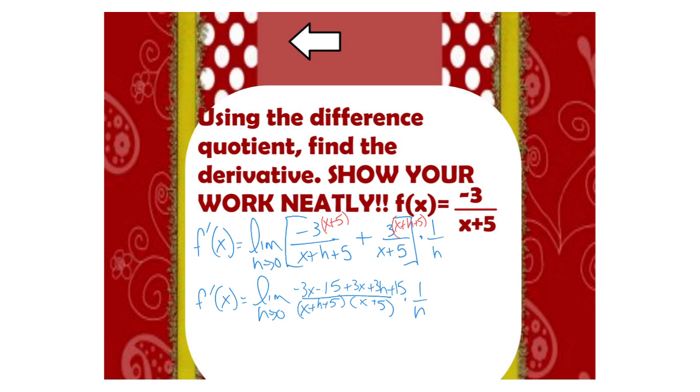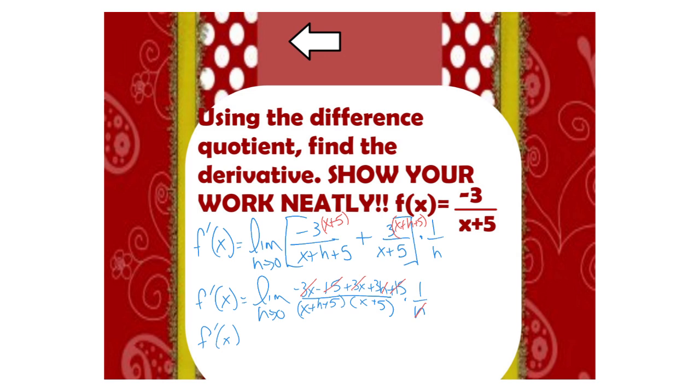All right, now you're ready to do all of your reducing. So the 3x's will cancel. A negative 15 and a positive 15 cancels. Okay, that worked nice. So I have a 3h on top, but that h right there is going to cancel with that h, which is what I need. So then what I have is my simplified version here.